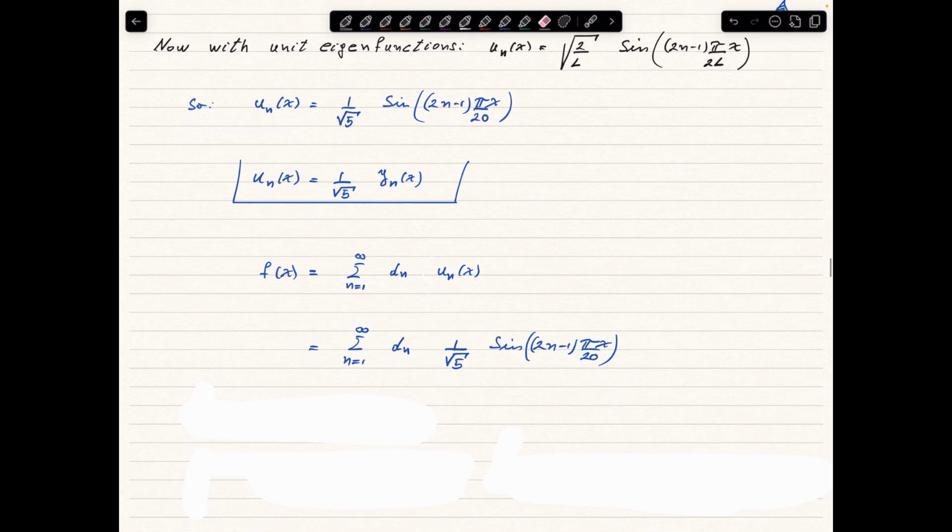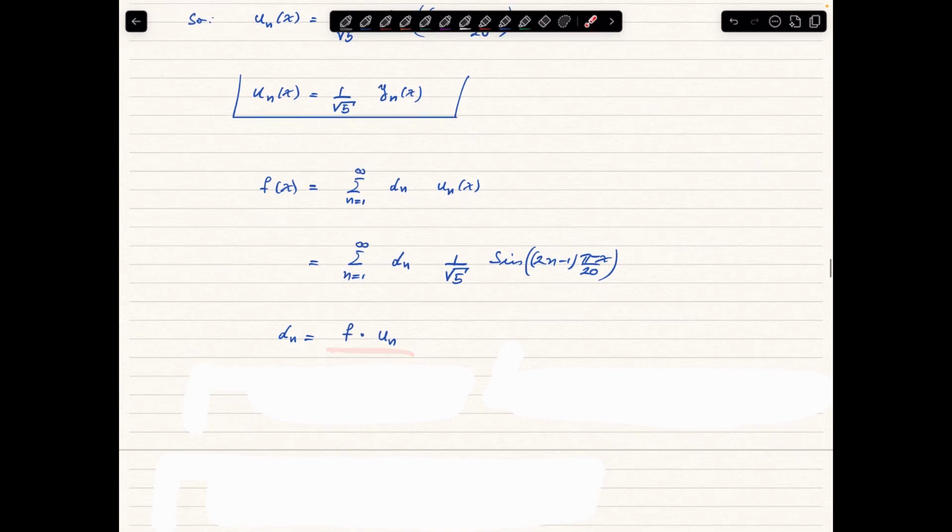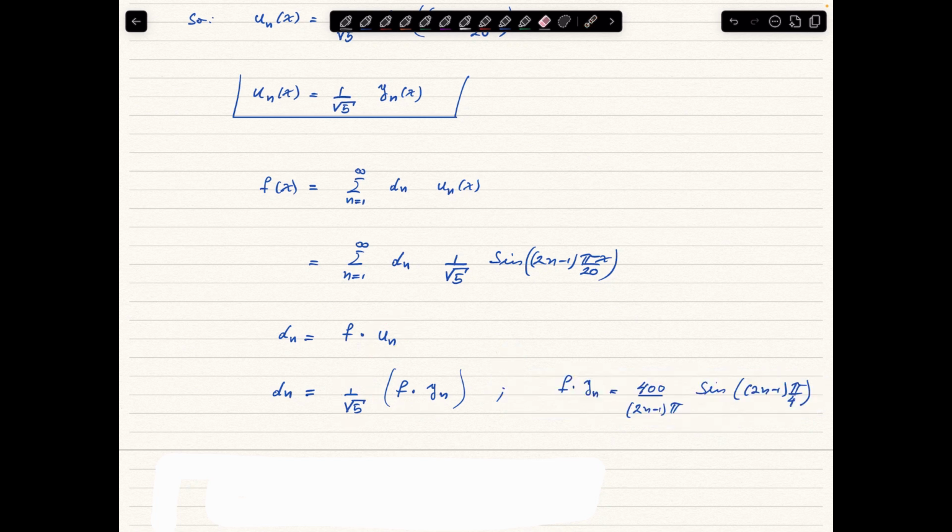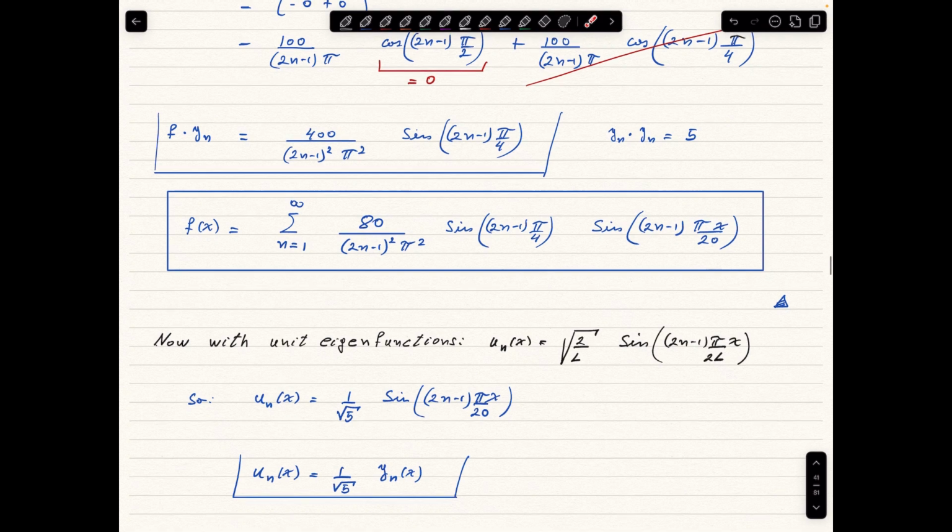The eigenfunction is going to introduce a 1 over square root of 5 here, and this function dn is only given by this formula, and this is exactly what we did before. And recall, when we replace un, we create one more factor, 1 over square root of 5, and this calculation is already done. This we already did. It's a long calculation, and this is the formula we got right here.